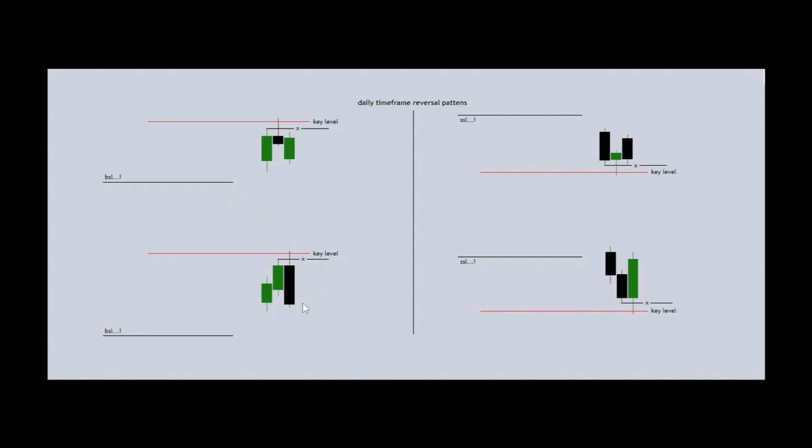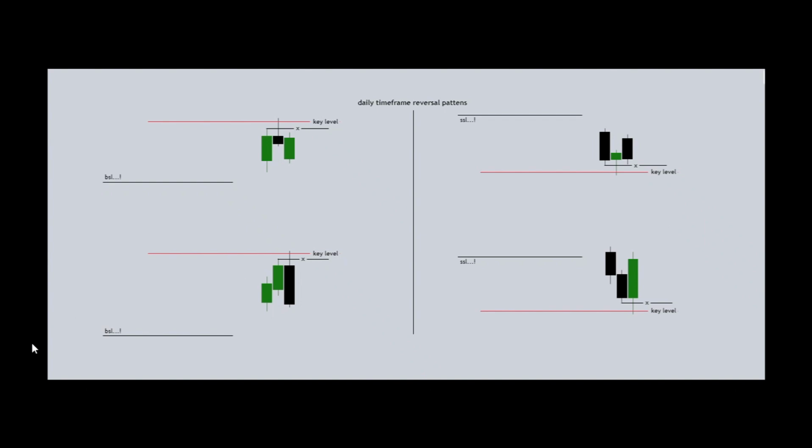Most of the time, the market will come back to tap this candlestick before going down. So this is where I enter. Same thing here. I'll enter on the body of the previous candlestick. The market will draw back here before it goes down. Not always, but most of the time.